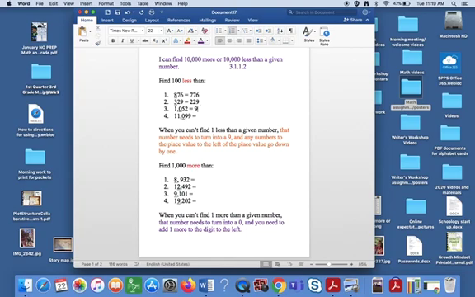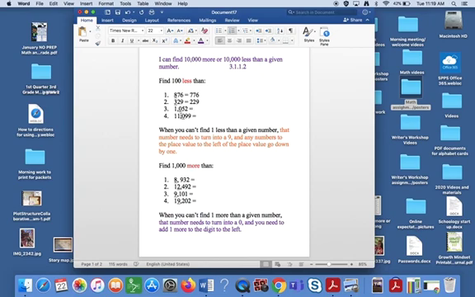Next, this is when things get a little more tricky: when we have a number that's either a 9 or a 0 in the place value where we need to find 100 or 1,000 or 10,000 more or less. I have 1,052, and I underlined the hundreds place because we need to find 100 less.